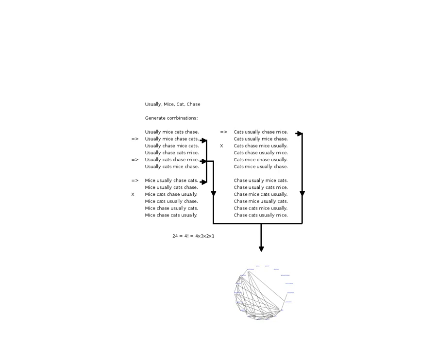From the combinations above, we get usually mice chase cats, usually cats chase mice, mice usually chase cats, cats usually chase mice. Note that mice chase cats usually and cats chase mice usually do not fit the directed graph filters because there is a comma missing before usually.